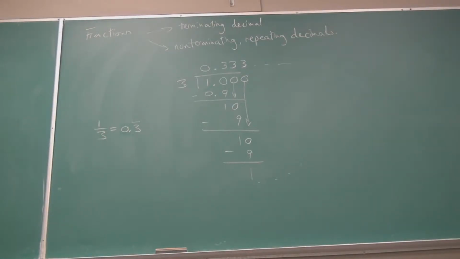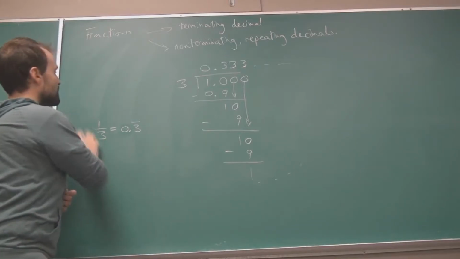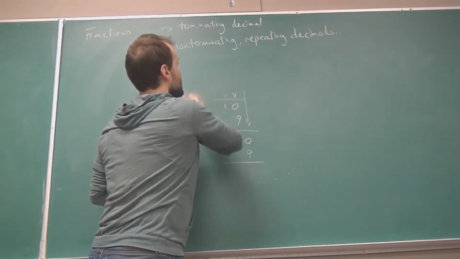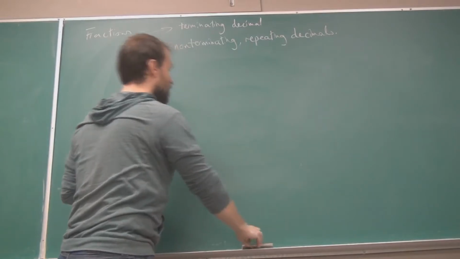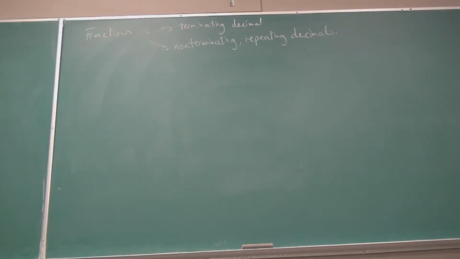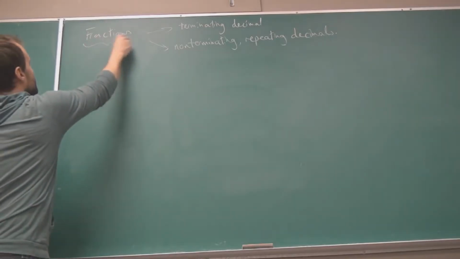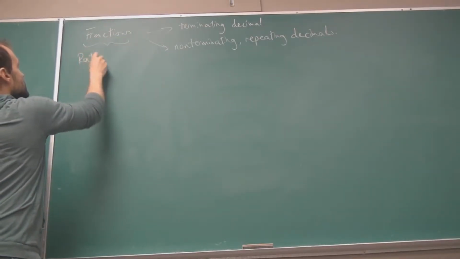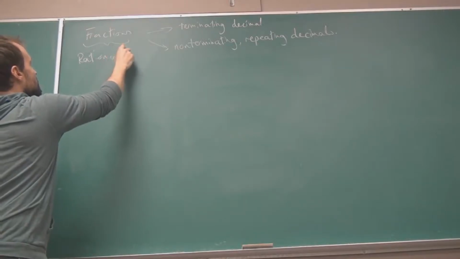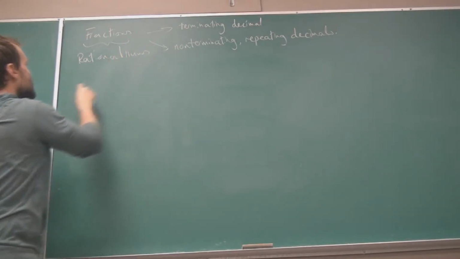And of course, if you think about what could happen, there's something missing, which is all the decimal numbers that don't ever stop and don't ever repeat. There's no pattern that ever repeats. So these are, of course, rational numbers, fractions. Rational numbers.